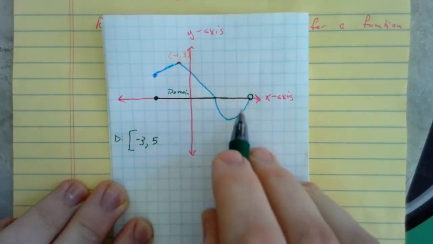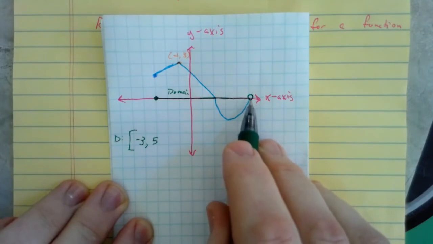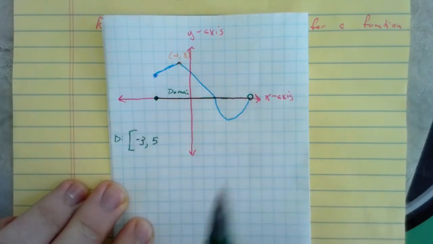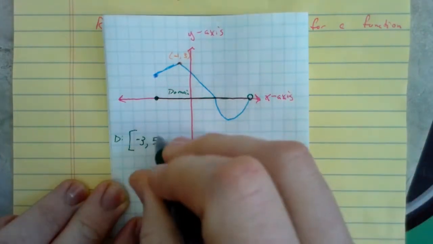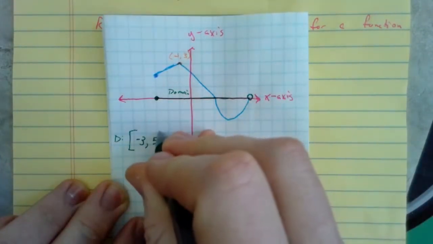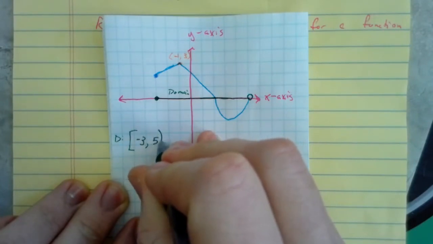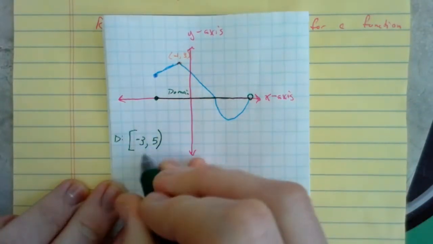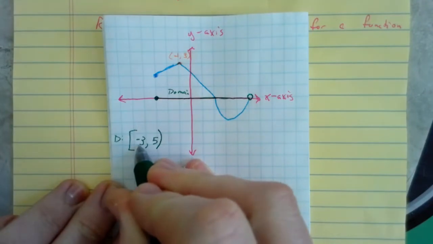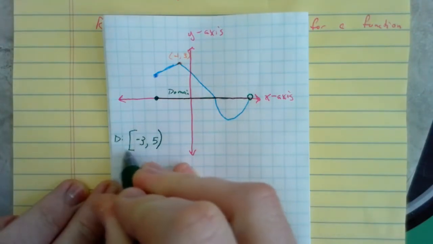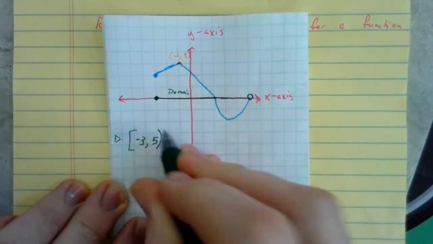So that means I can go all the way up to 5, but not 5. So I can go to 4.999999999, but I can't go to 5. Because I can't go to 5 and it's an open circle, I'm going to use a parenthesis. So there's my domain. I know that it goes from -3 to 5, and it includes -3, but it excludes 5.